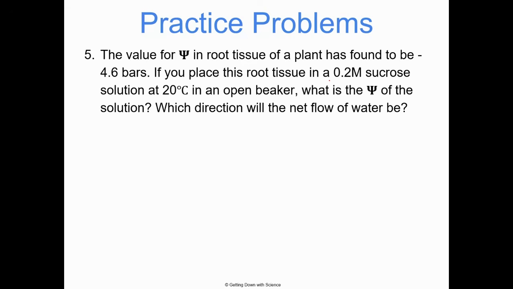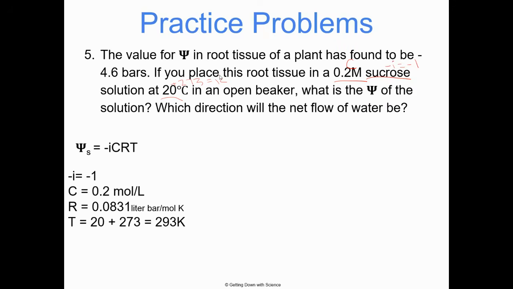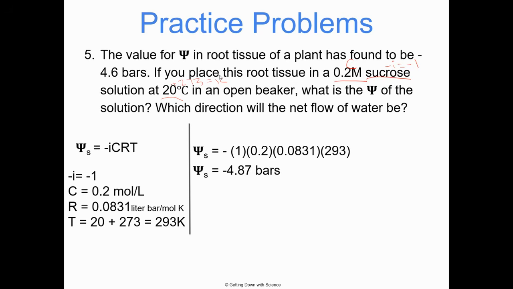So it says, if you place this root tissue in 0.2 molar sucrose. So this is, I know, my C, my molar concentration. Sucrose means the negative i, the ionization constant, will be negative 1. And then we have the temperature as well. And we'll do that plus 273 to get it into Kelvin. So that's our first formula that we'll use. And then that's what we obtained from the problem. So if we plug all of that in, you should have gotten negative 4.87 bars.